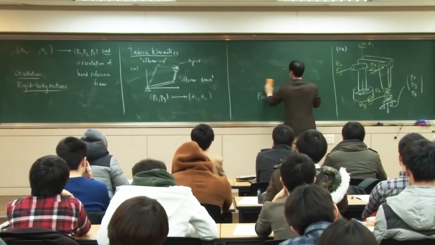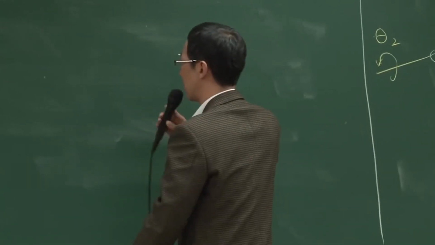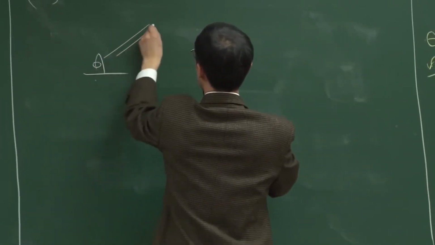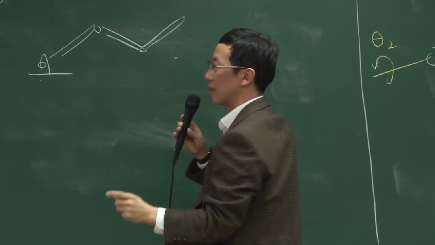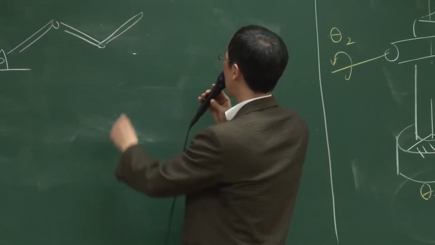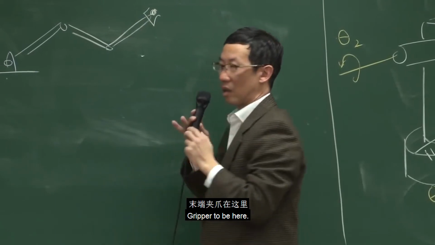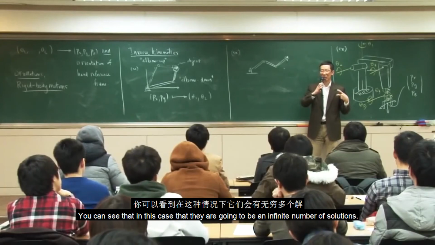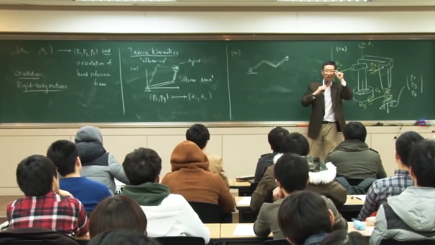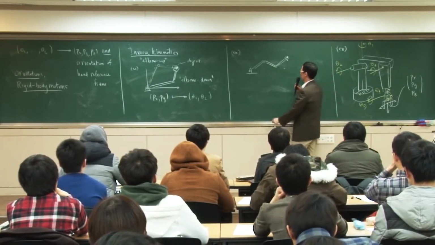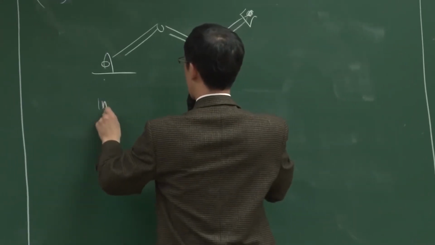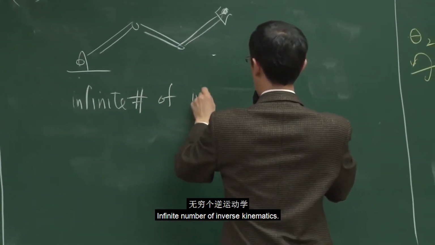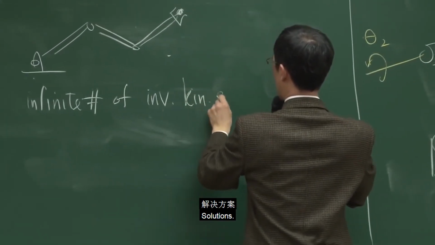For example, if I have this time a 3-link robot, and I want the gripper to be here, you can see that in this case there are going to be an infinite number of solutions. So here we have an infinite number of inverse kinematics solutions.